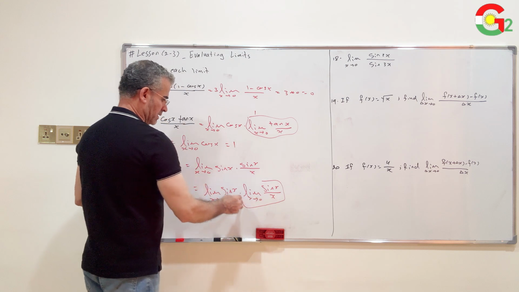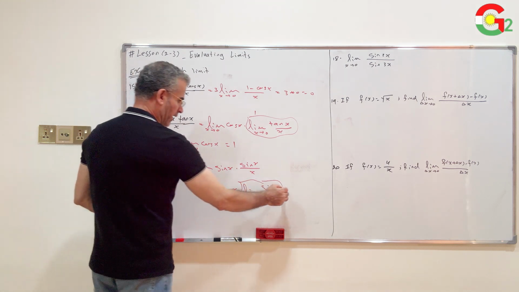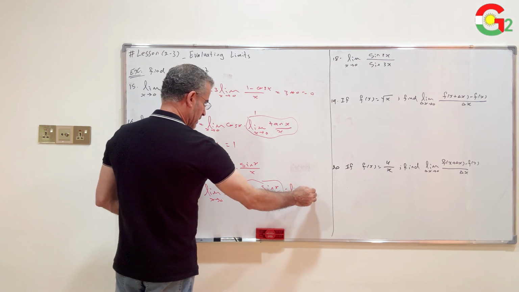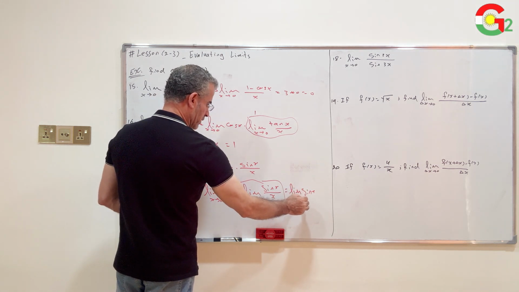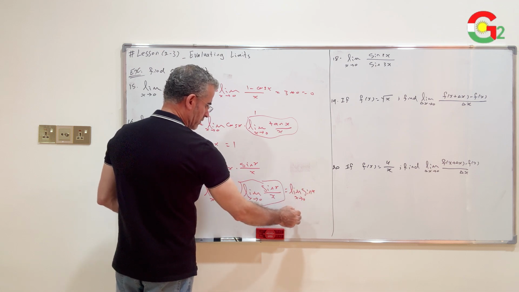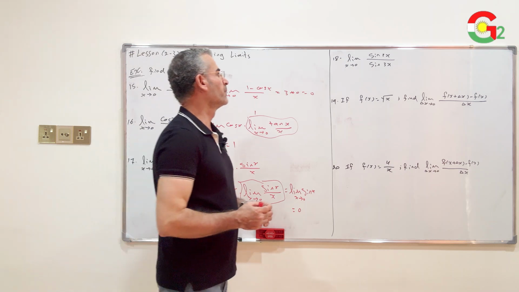Since this limit is equal to 1, the final answer will be the limit of sine x when x approaches 0 times 1, which is 1. Sine 0 is 0, then the result is 0.